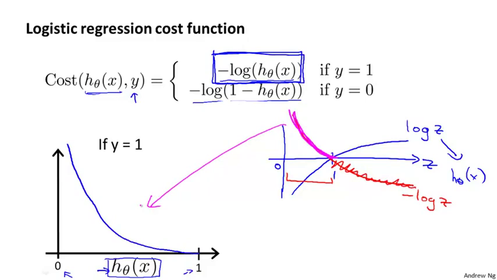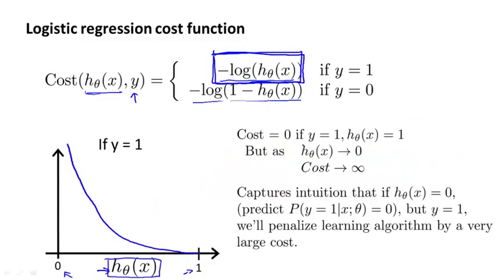Now, this cost function has a few interesting and desirable properties. First, notice that if h of x equals 1, if the hypothesis predicts that y is equal to 1, and if indeed y is equal to 1, then the cost is equal to 0.